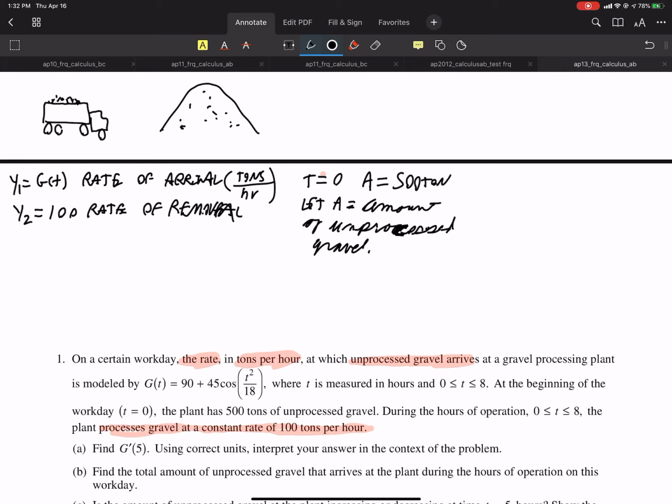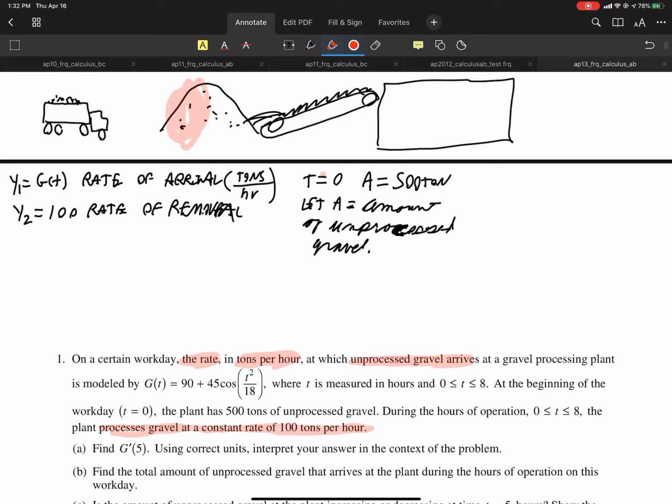So what's happening as the truck brings in the gravel, the pile gets bigger, but then I'll make a conveyor belt here. Then they put rocks on this conveyor belt, take it away to a building that processes the gravel. So we're looking at the hill of gravel. That's the unprocessed gravel at the plant.